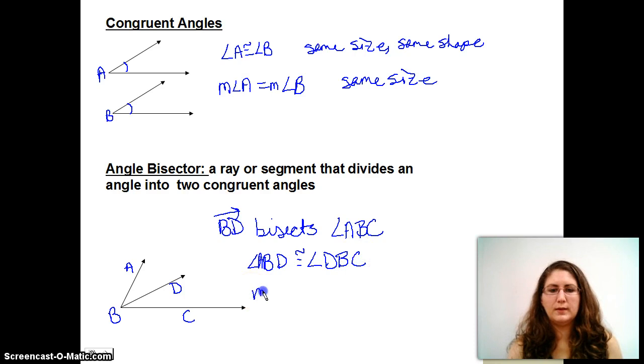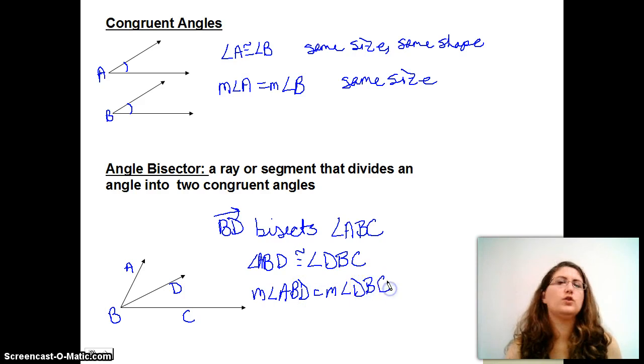Or we can also say that the measure of angle ABD is equal to the measure of angle DBC. Once again, notice my notation. Congruent sign, no M, equal sign, M.